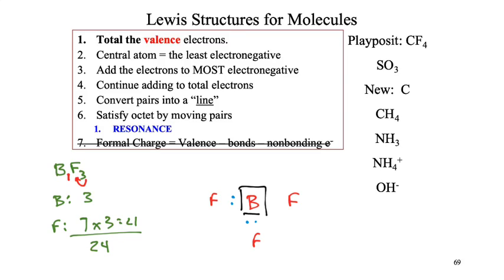And then you go this, and now I'm screaming at you again. You're like, dude, stop screaming at me. We'll fix your mistakes. Why is that wrong? Where do I place the electrons? On the most electronegative. The most electronegative is fluorine, not boron.